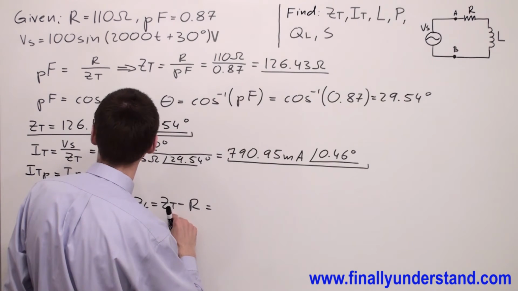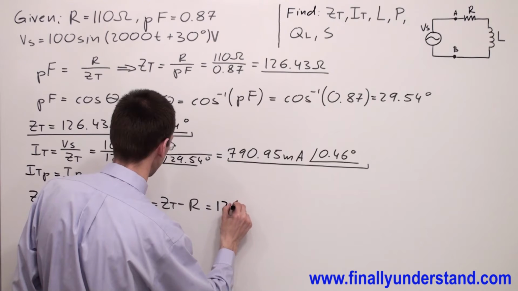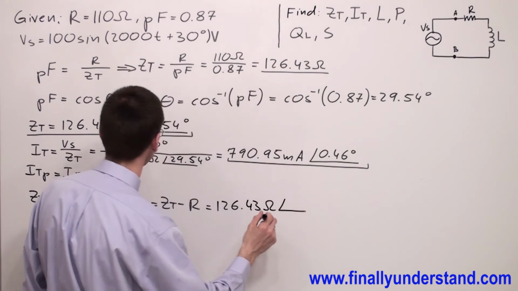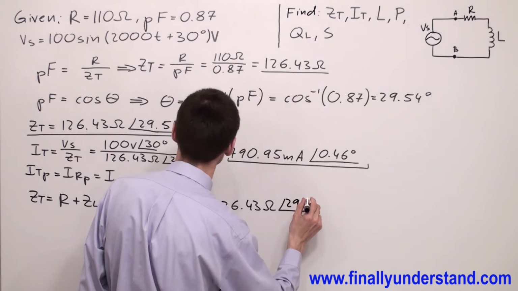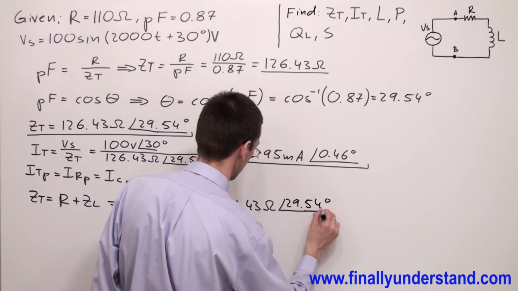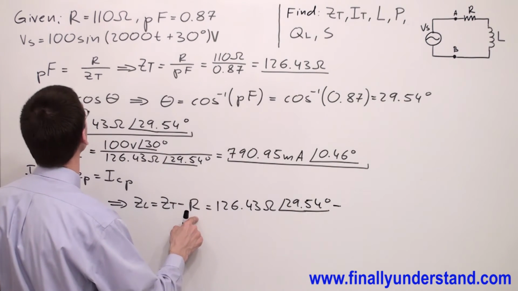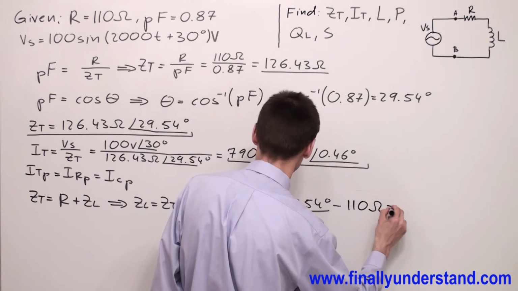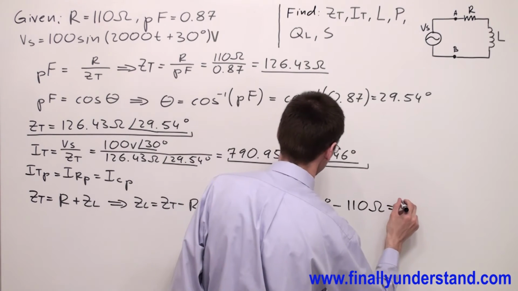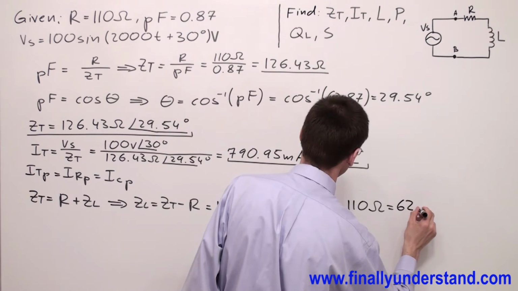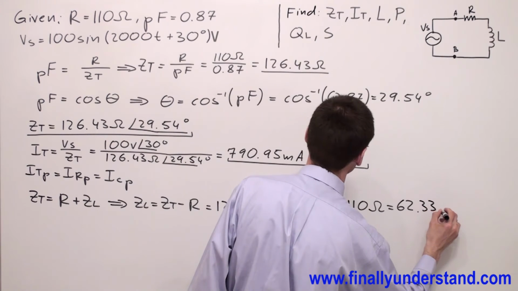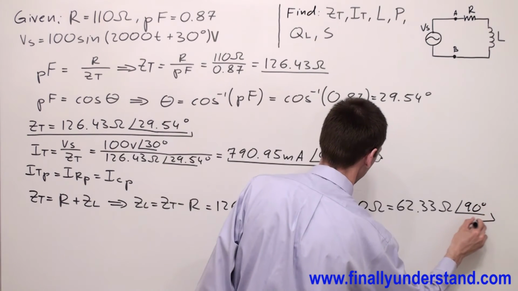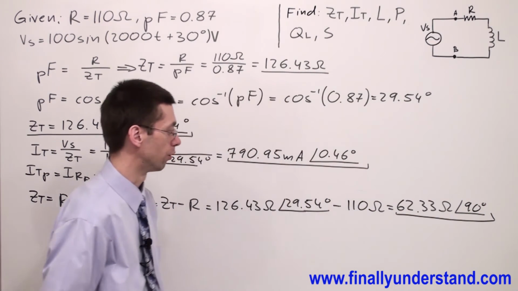So I have Z total 126.43 ohms and angle of 29.54 degrees minus the resistance, which is equal 110 ohms, equals 62.33 ohms and angle of 90 degrees. So this is the value of ZL.